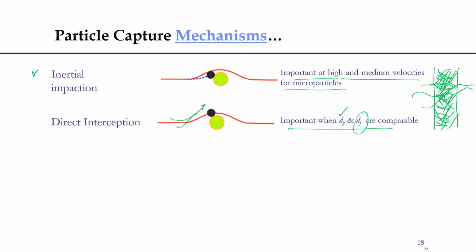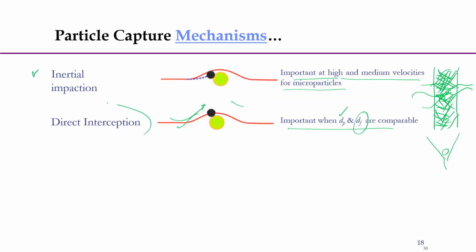During its path, it will get to some place where it will be trapped by depth loading, like a smaller size. So, smaller pore size, there it will get trapped and it will be separated from the air stream, that is called direct interception.